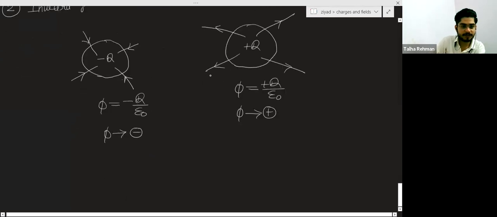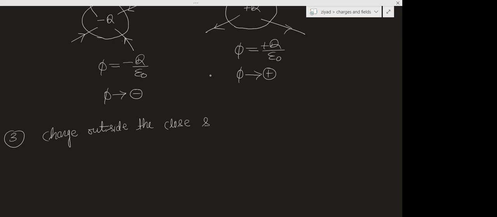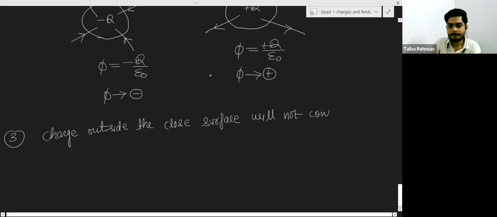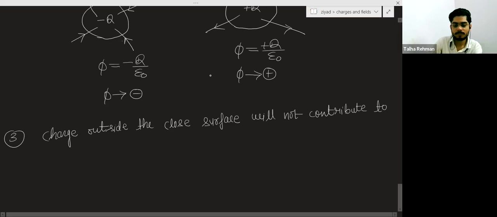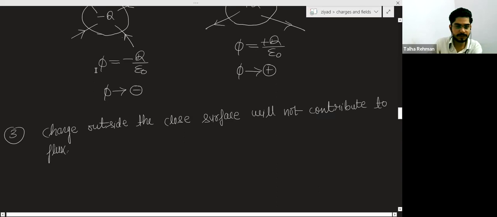And there is one more point. Charge outside the closed surface will not contribute to flux. So see, what is the meaning of this statement?